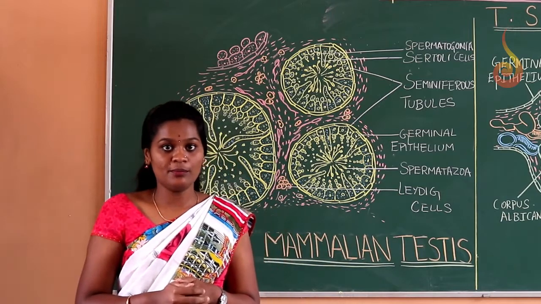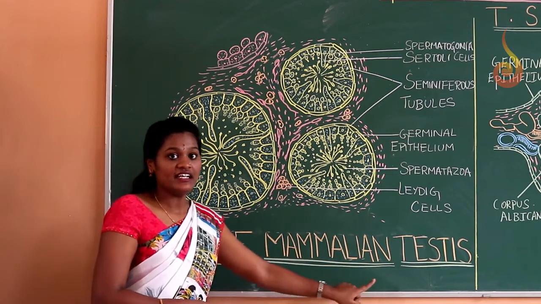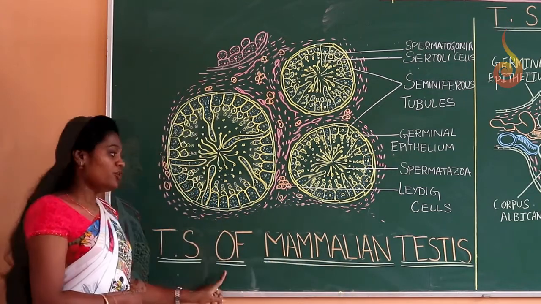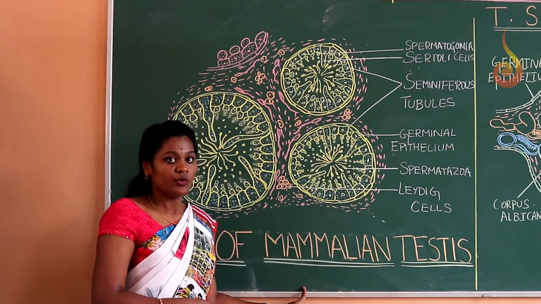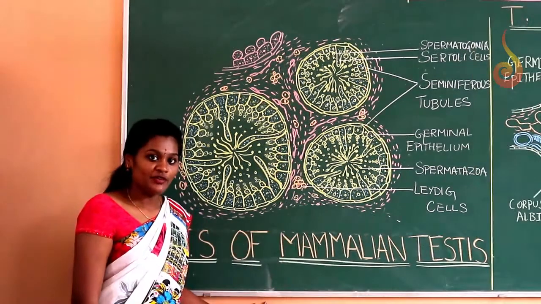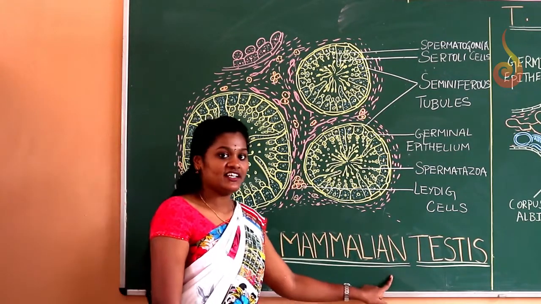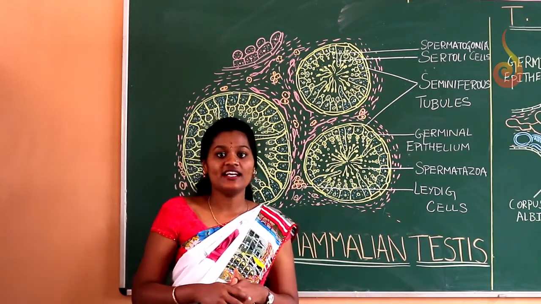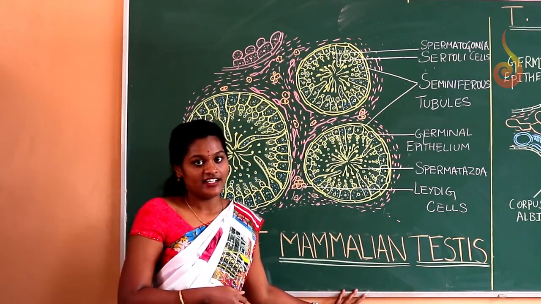Mainly, you have to report it as transverse section of mammalian testis. Don't just write mammalian testis, which don't fetch you 1 marks. You have to mention the section as transverse section of mammalian testis. Now let's see the microscopic view of the transverse section of mammalian testis.